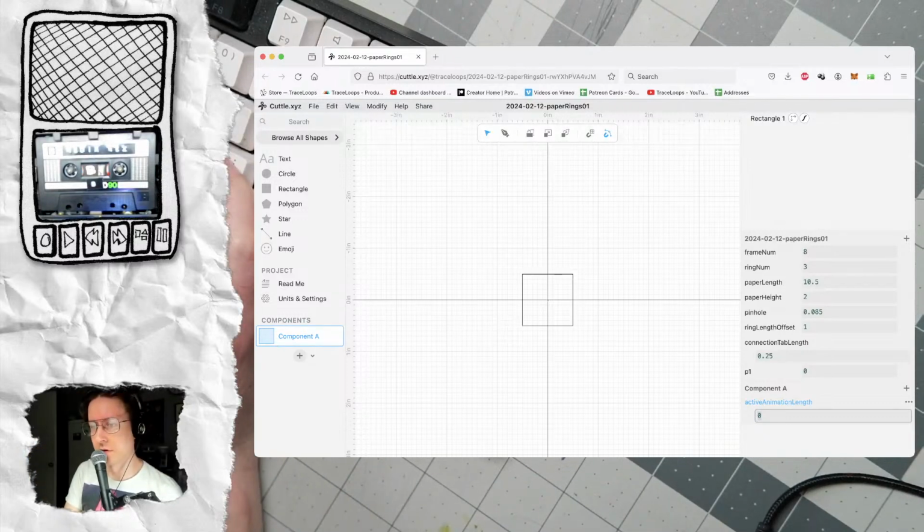This is going to be paper length minus connection tab length.